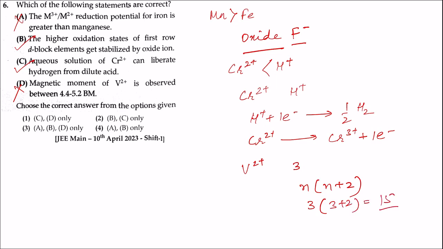So its magnetic moment is not between 4.4 and 5.2. So only B and C are correct. So correct option is option 2. The spin only magnetic moment will be square root of n(n+2), so square root of 15, and this is equal to 3.87.